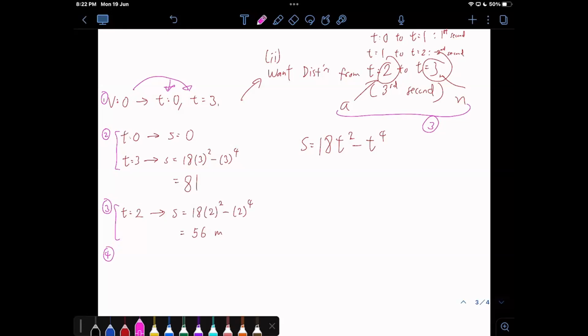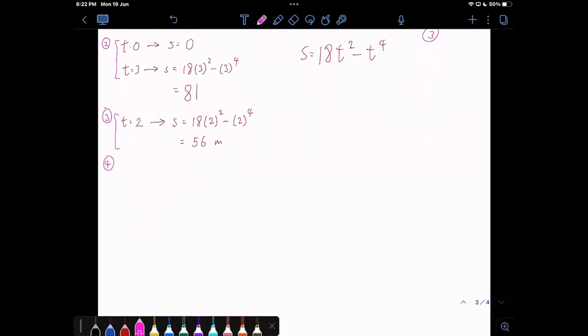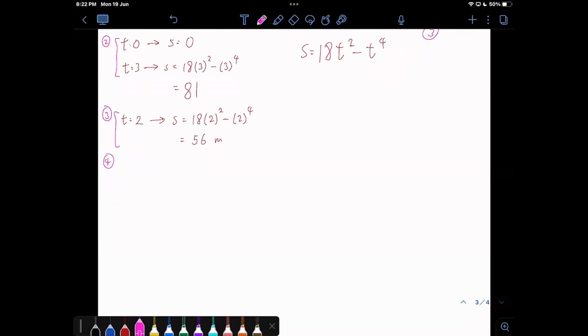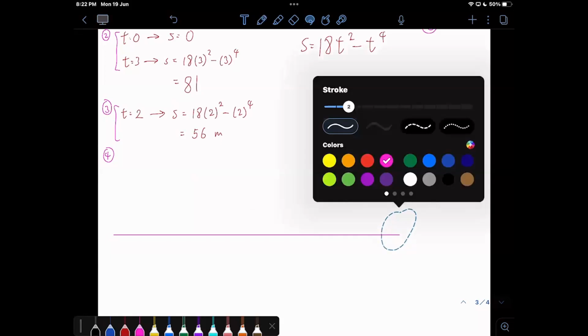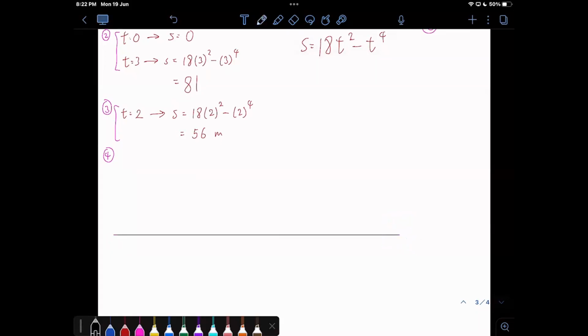So I like to start off by drawing a distance line. Then maybe I'll call this the fixed point O. Then when t equals 0, you're at s equals 0, so you're at the origin, the fixed point. Then when t equals 3, it goes to 81.